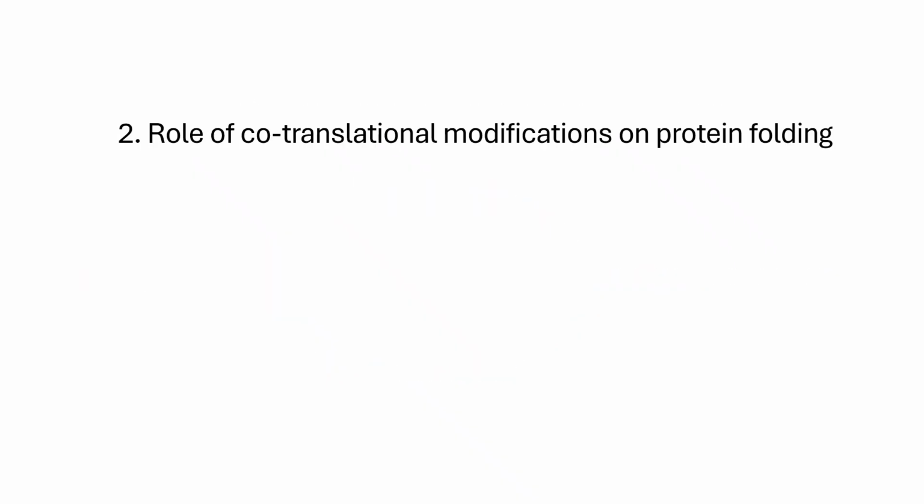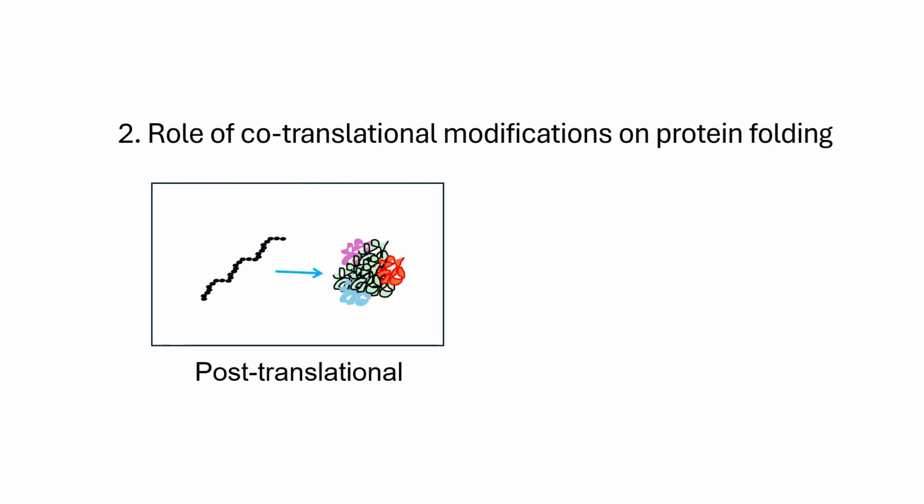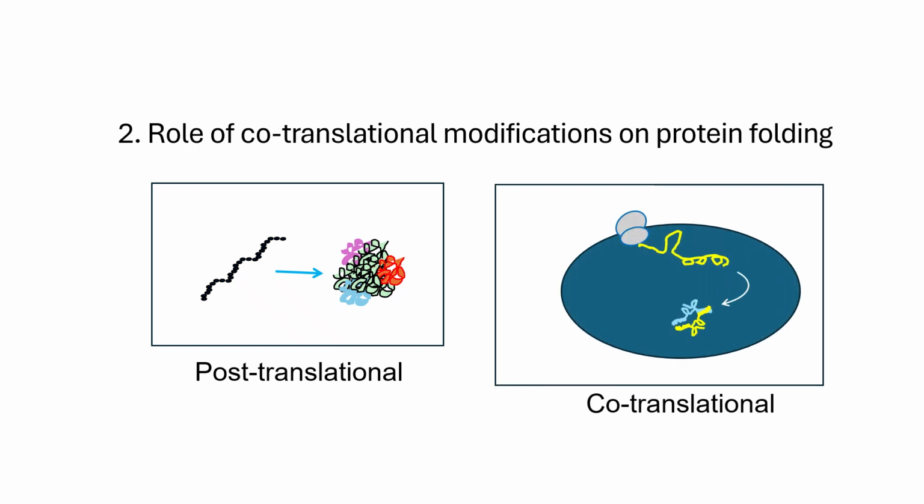The second limitation of his model is that it does not explain the role of co-translational modifications on protein folding. If you see his model, it is more toward post-translational protein folding. It is a one-step reaction: you have a linear amino acid sequence or primary structure which is converted into the 3D or native conformation. However, if you see the real cellular world, you will see that the protein is synthesized and modified simultaneously.